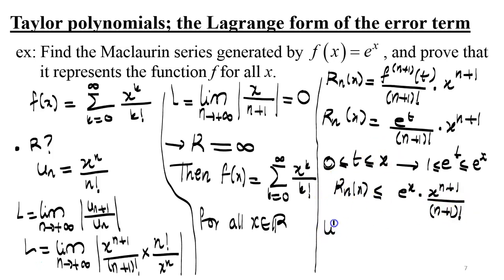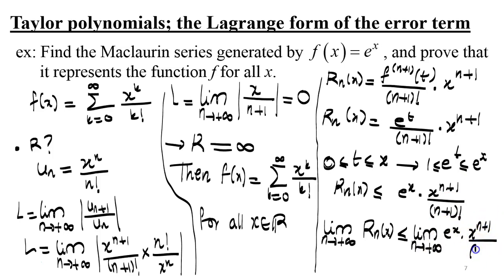So considering the limit when n is approaching positive infinity of R_n of x, that is smaller than the limit when n is approaching positive infinity of e^x times x^(n+1) over (n+1) factorial.